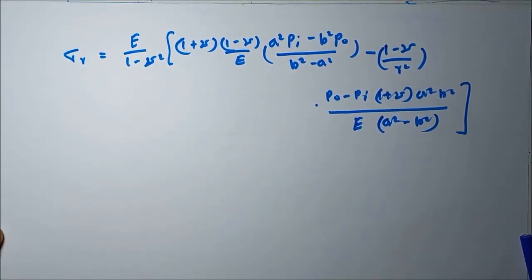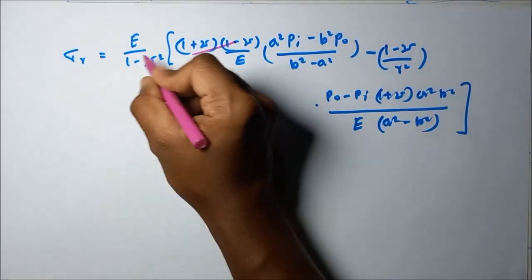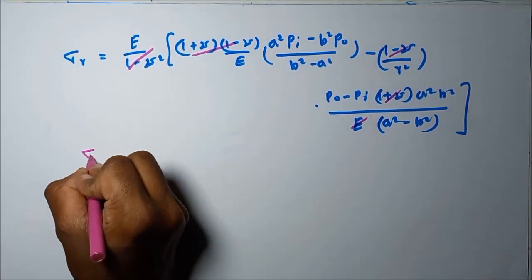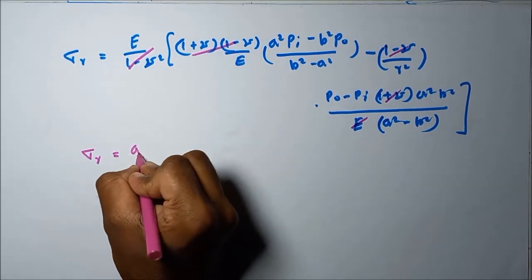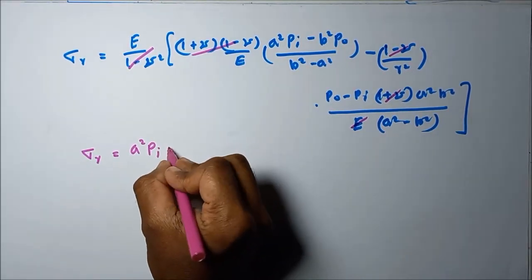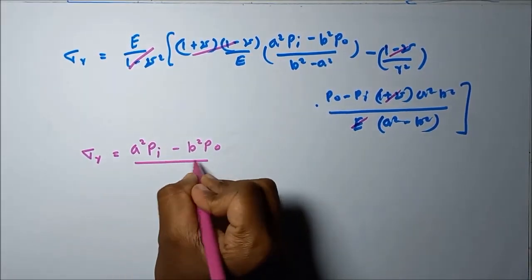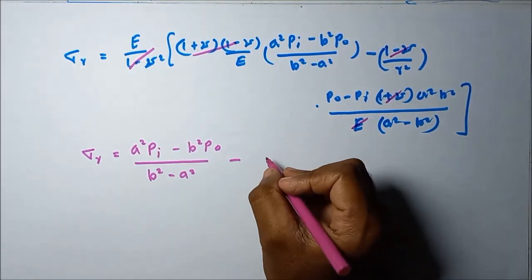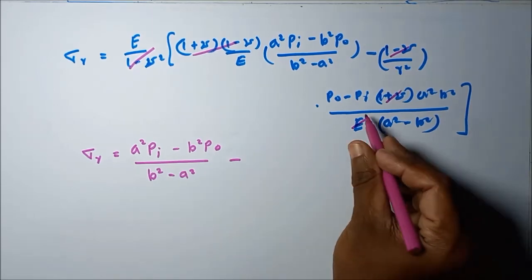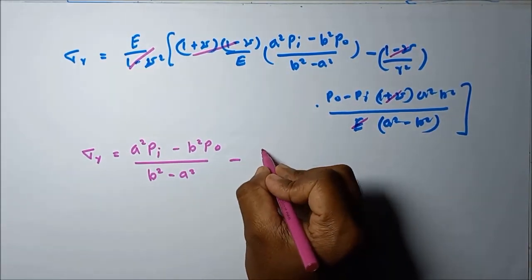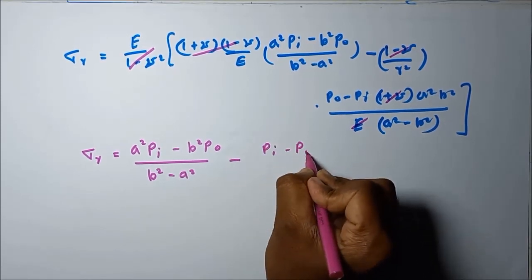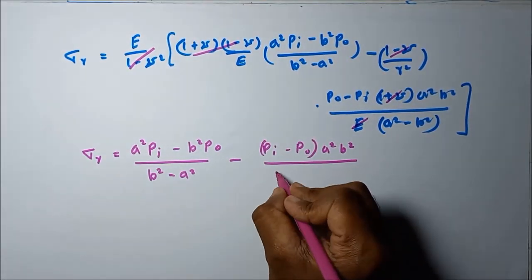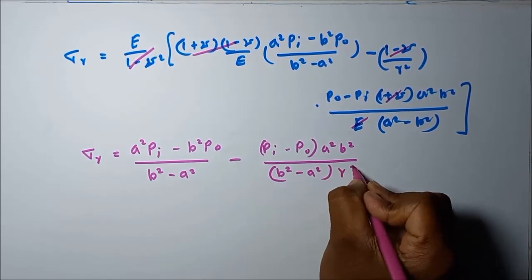Then we can cut the E. Finally for sigma r we are left with (a square pi minus b square po) divided by (b square minus a square), minus, multiplying by the minus sign, (pi minus po) a square b square divided by (b square minus a square) into r square.